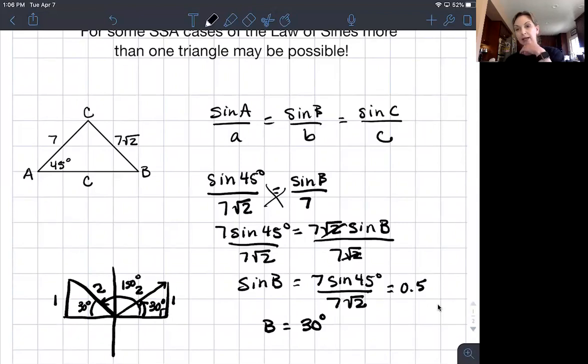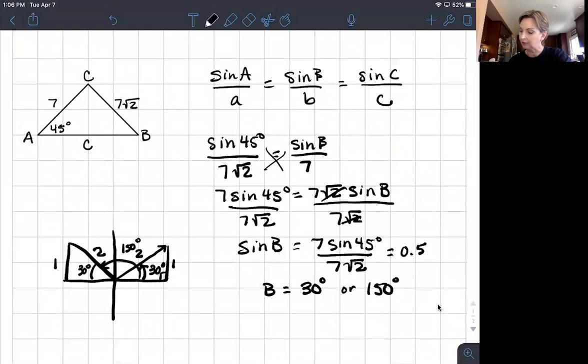So that means that an angle of 150 also has a sine of 1/2, because 150 degrees has a reference angle of 30. So that means B could also be 150 degrees. Two different angles that have a sine of 1/2.